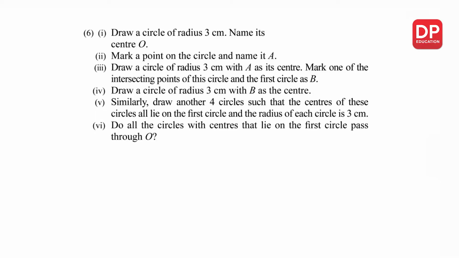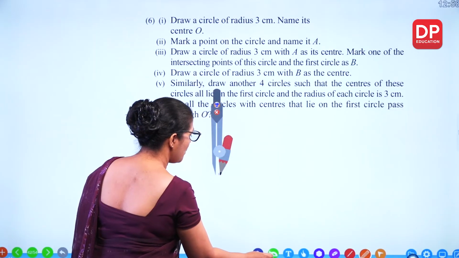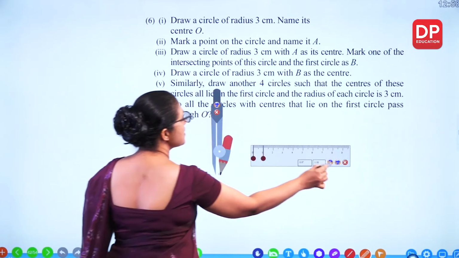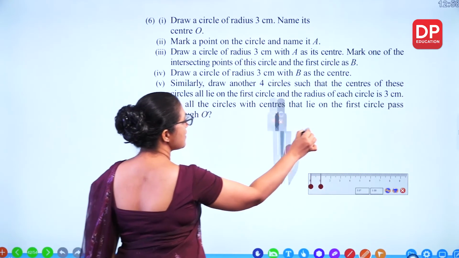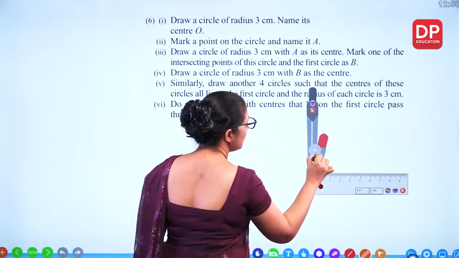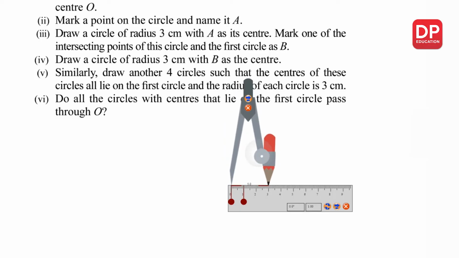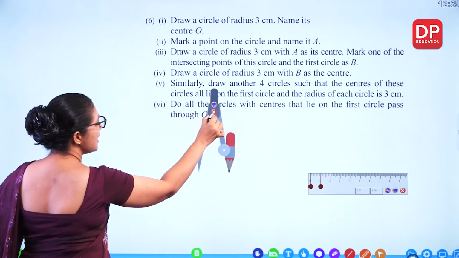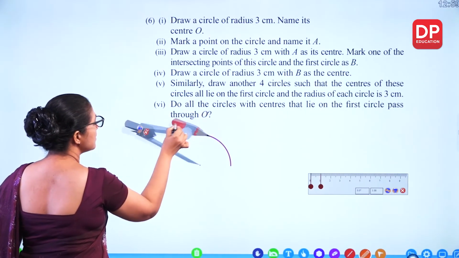Draw a circle of radius 3 centimeters. Name its center O. You need the compass and the ruler. So take 3 centimeter length and draw a circle.